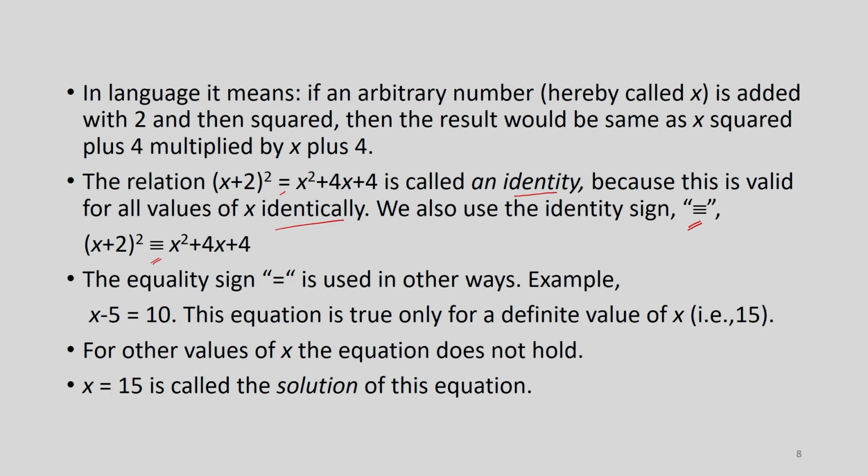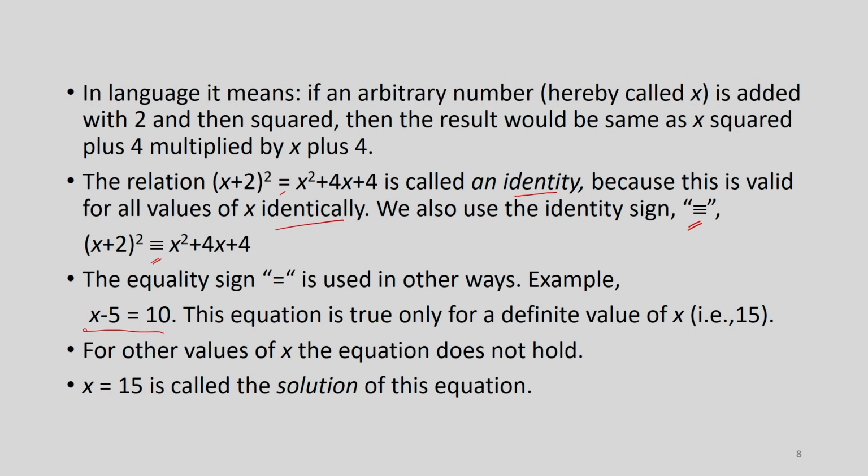The equality sign, just two parallel lines, is used in other ways also. For example, x minus 5 is equal to 10. Here I have used not the identity sign, but the equality sign. This equation is true only for a definite value of x, that is 15. So, this relationship x minus 5 equals 10 is correct only for a particular value of x, which is 15.